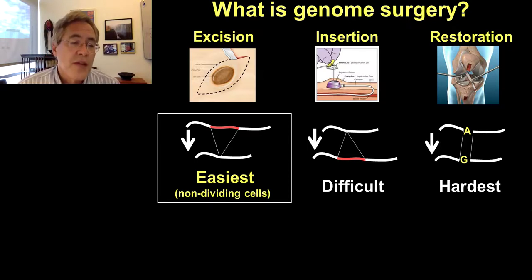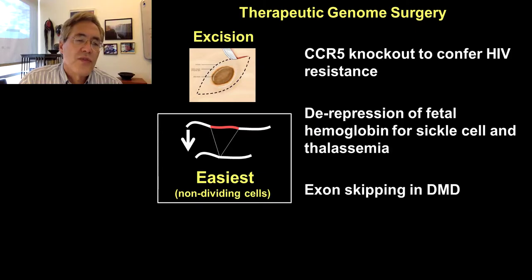And it turns out that in non-dividing cells, this is by far the easiest to do with CRISPR. And so we focus on excision as a therapeutic mode because it's just stunning how efficient this can be. In certain cell types, we see over 80% of the cells where we have a precise excision just at the right place. And this is not just for what we're doing. If you think about where therapeutic genome surgery has already gone, it is used as excision.